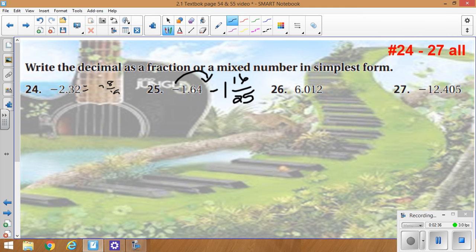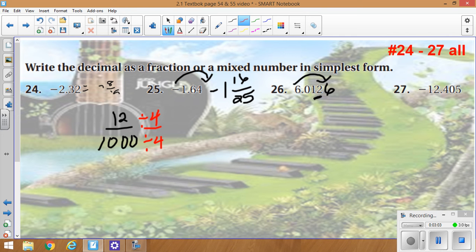Okay, for number 26, we're going to bring the integer 6 over, and we're going to take the 12, and this time, if we look at the place values, the 12 is in the thousandths place. So we're going to put the 12 over 1,000. The 12 and the 1,000 share a common factor of 4, so I'll be dividing numerator and denominator by 4.